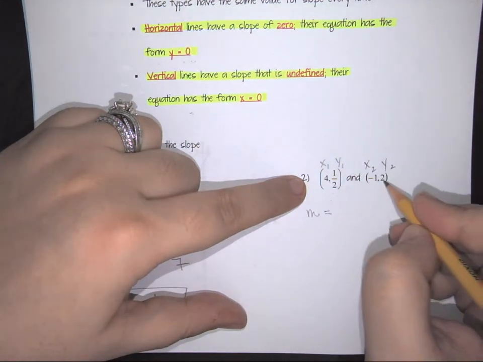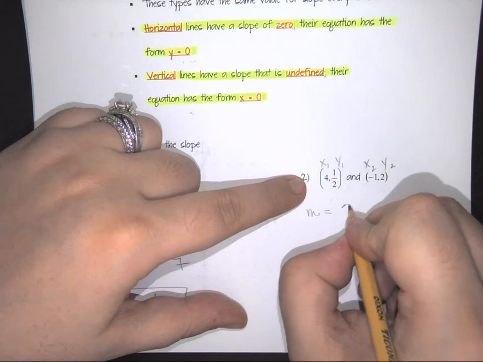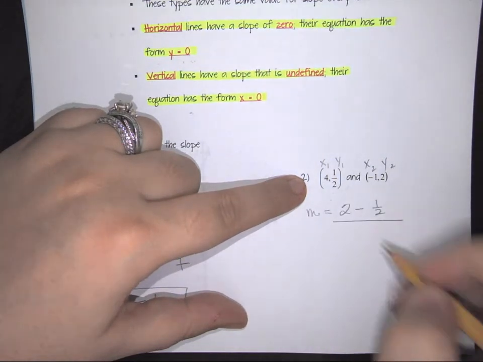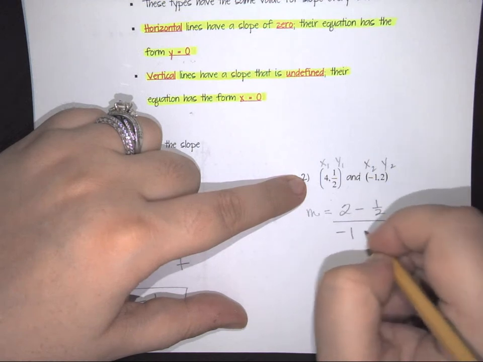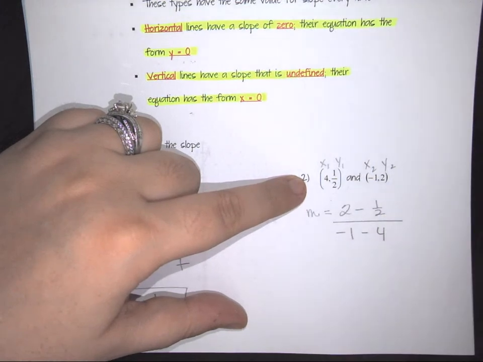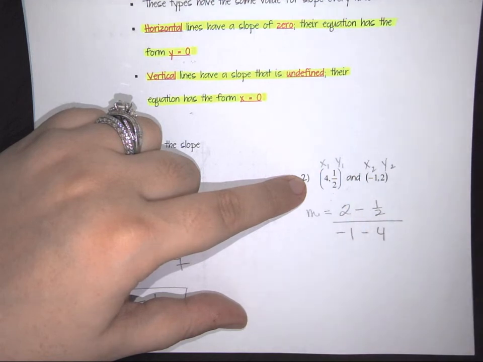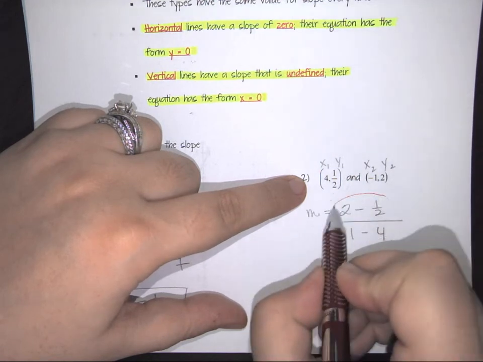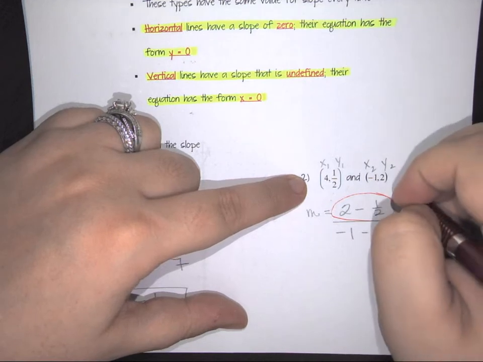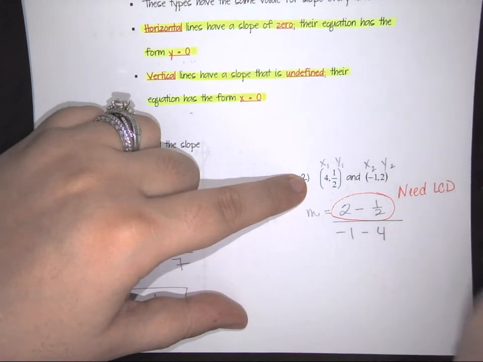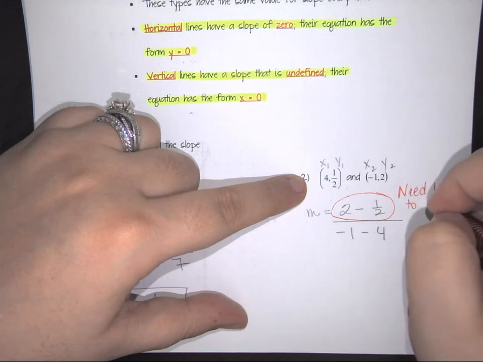So we have y2 minus y1, so 2 minus a half is all over x2, so -1 minus 4. Now, when we are looking at the top here, we need a lowest common denominator to subtract.